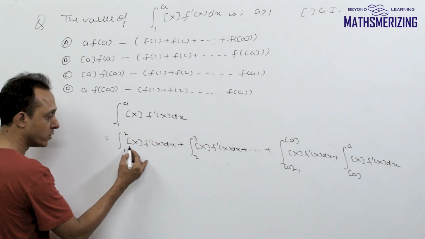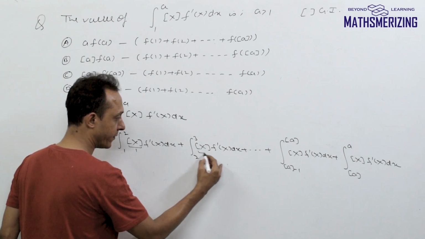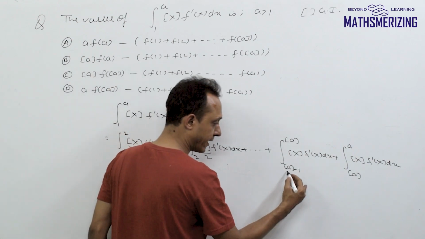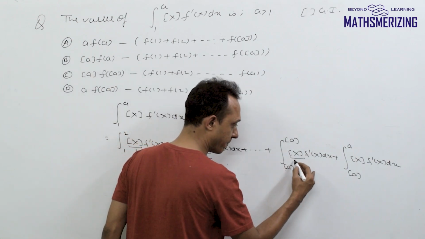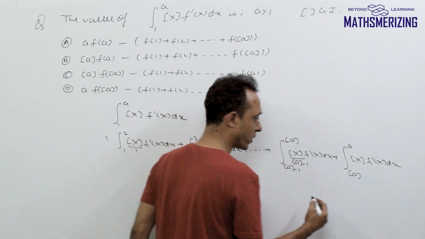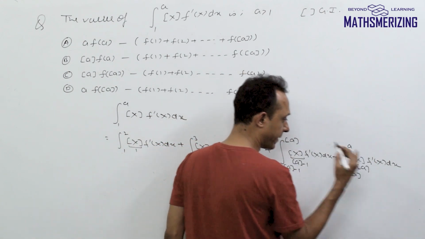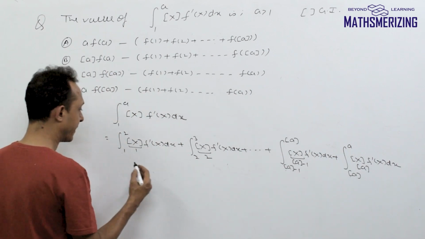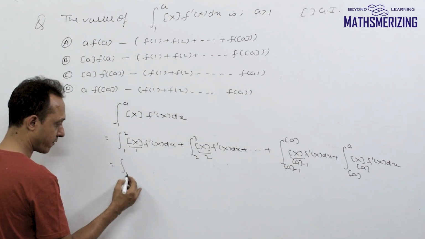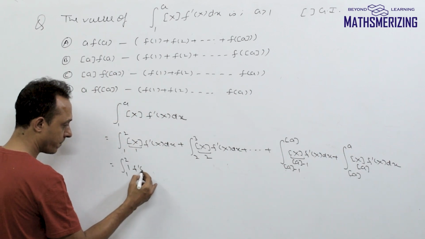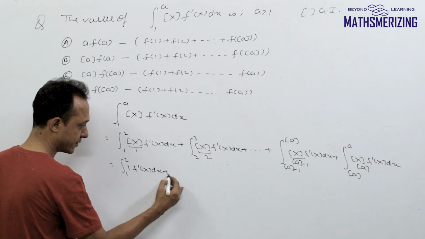Now between 1 and 2, this value is simply 1. Between 2 and 3, it'll be 2. Between greatest integer function of a minus 1 and greatest integer function of a, it'll be simply greatest integer function of a minus 1. And between greatest integer function of a and a, it'll be simply greatest integer function of a. So I can write it as from 1 to 2, 1 into f dash x dx.